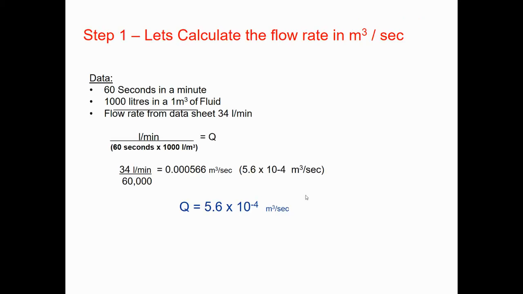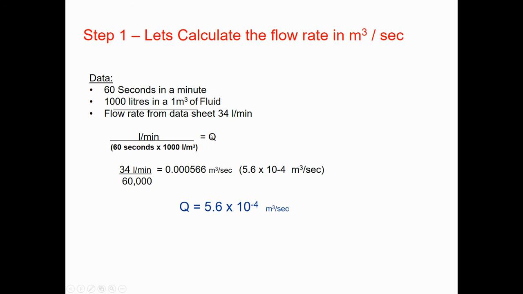So first, let's calculate the flow rate in cubic meter per second. We have 60 seconds in 1 minute, and we have 1,000 liters in 1 cubic meter of fluid. The flow rate we have from the data sheet is 34 liters per minute. So to find the value of Q, we use 34 divided by 60 seconds multiplied by 1,000 liters per cubic meter.